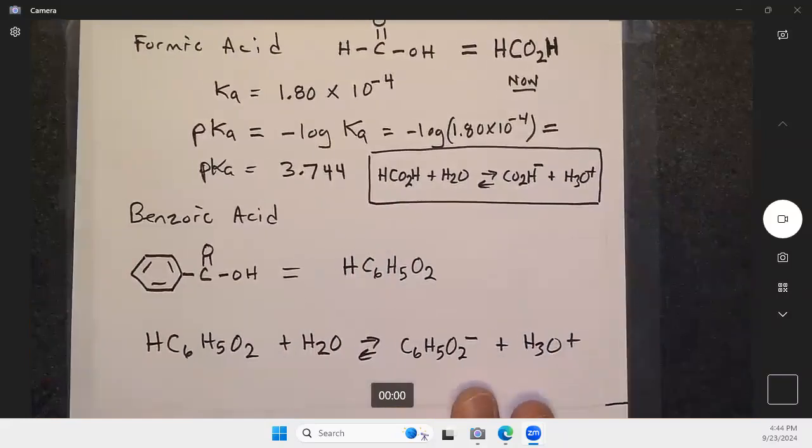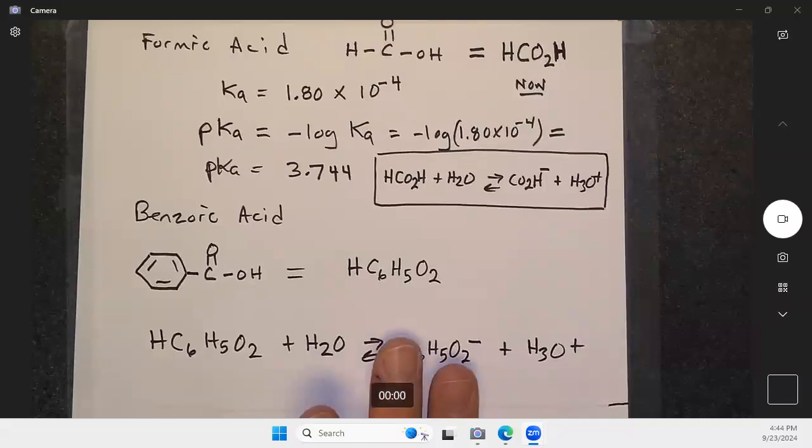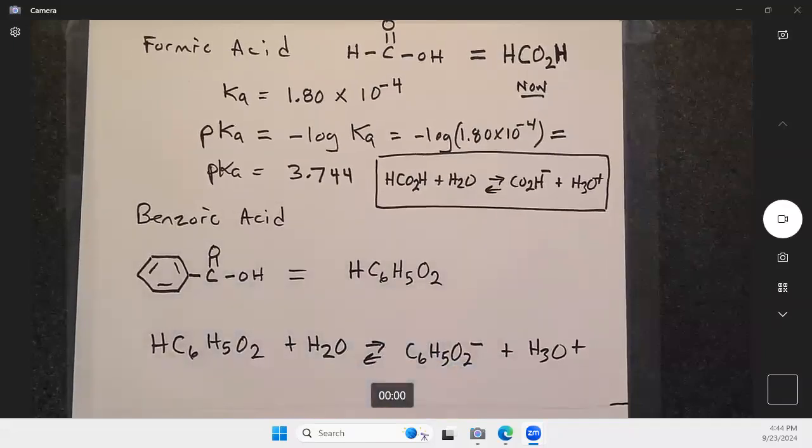So we could have done that for the formic acid as well. Just we wouldn't have had to draw that structural information we don't necessarily need.